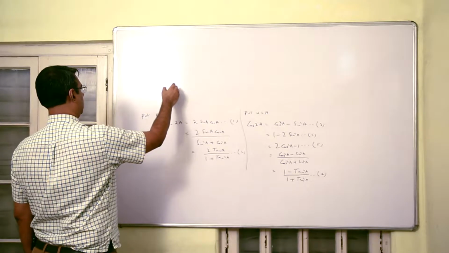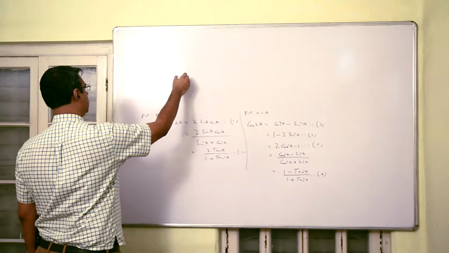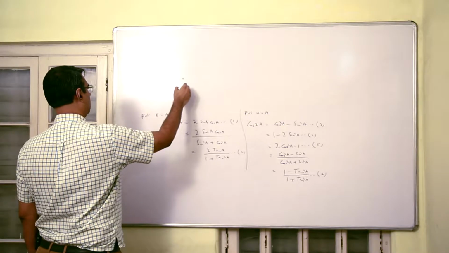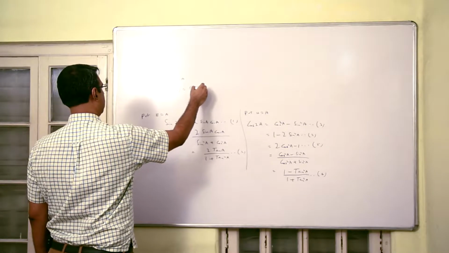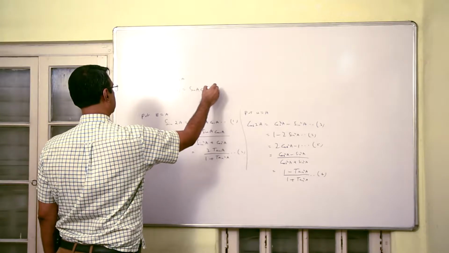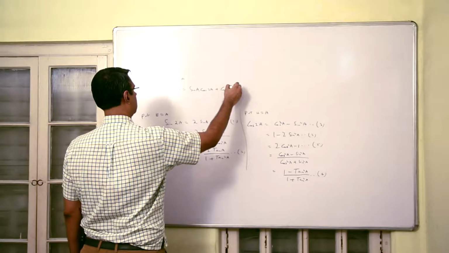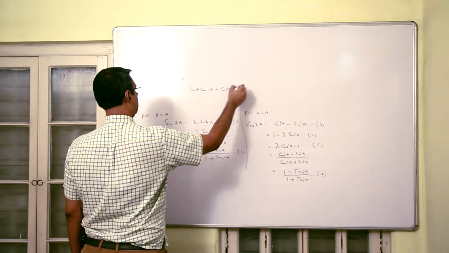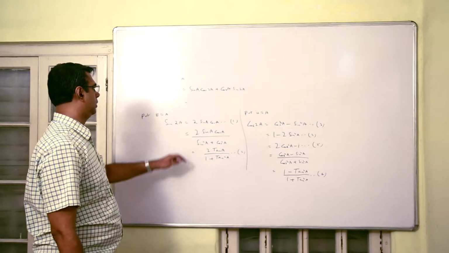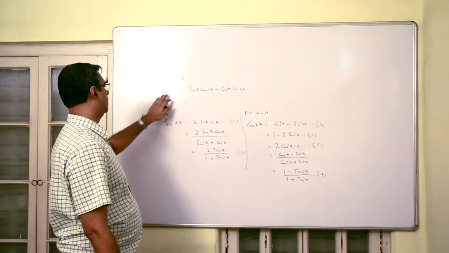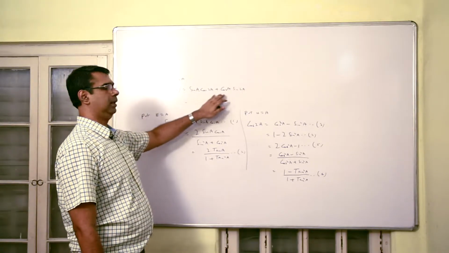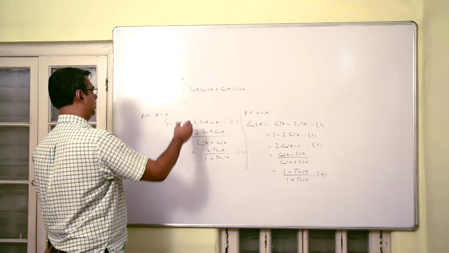If B is equal to 2A, then sin 3A is sin A cos 2A plus cos A sin 2A.